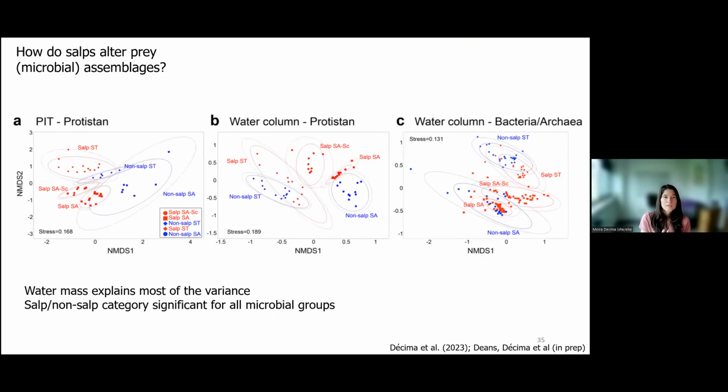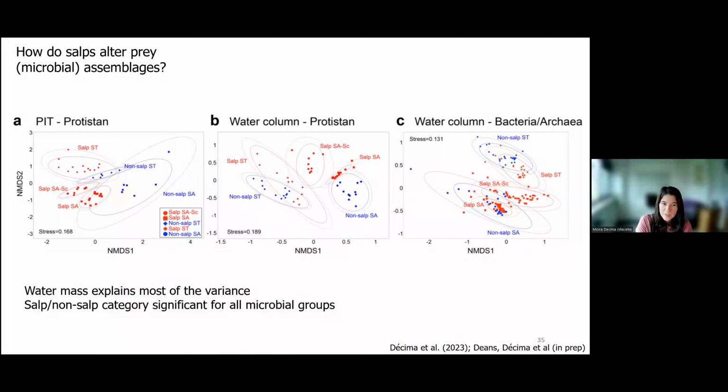And then the other thing we did is using DNA metabarcoding on 18S to look at persistent communities and 16S to look at bacteria and archaea. We tested to see if Salps were significantly associated with the different communities. And so we did find that the Salp, non-Salp category could explain some of the variance we observed, and this was significant.